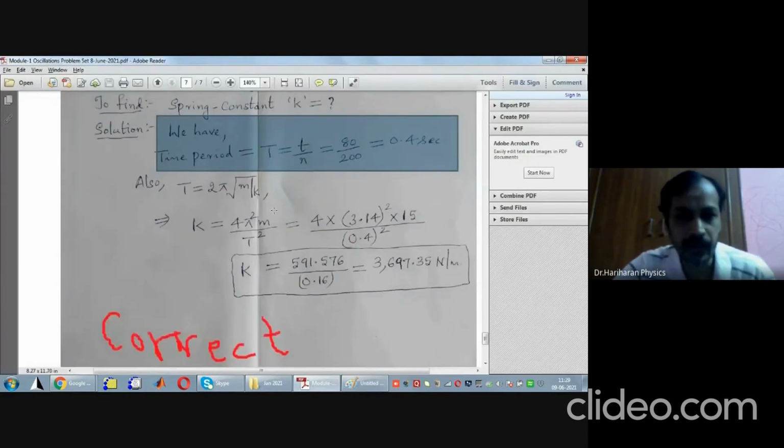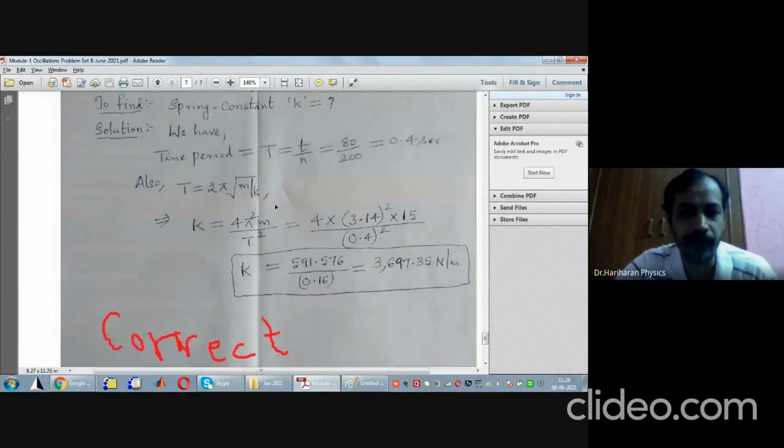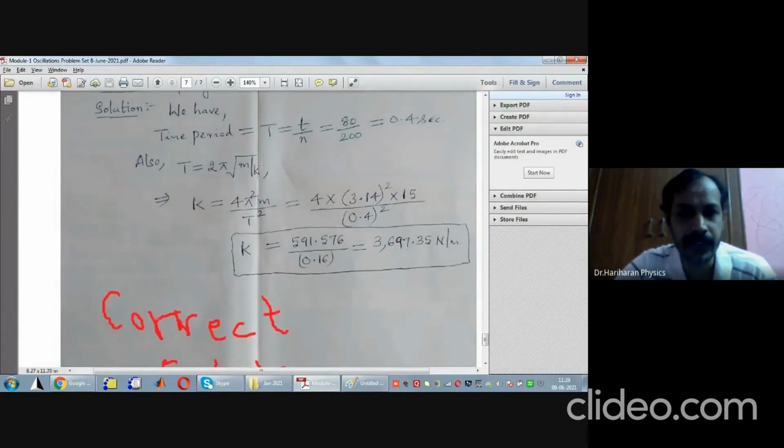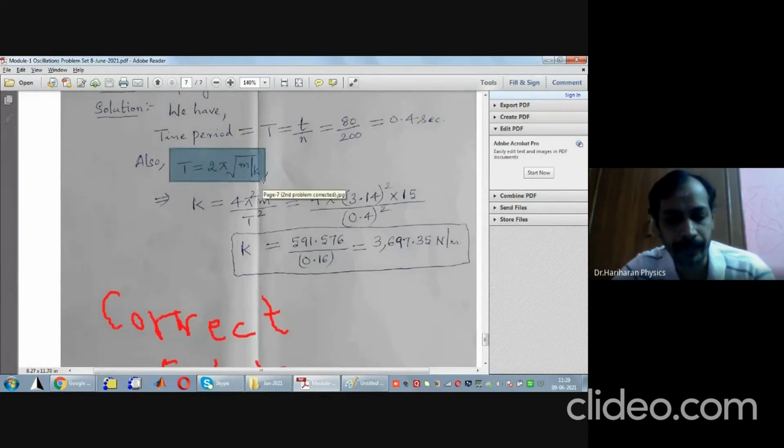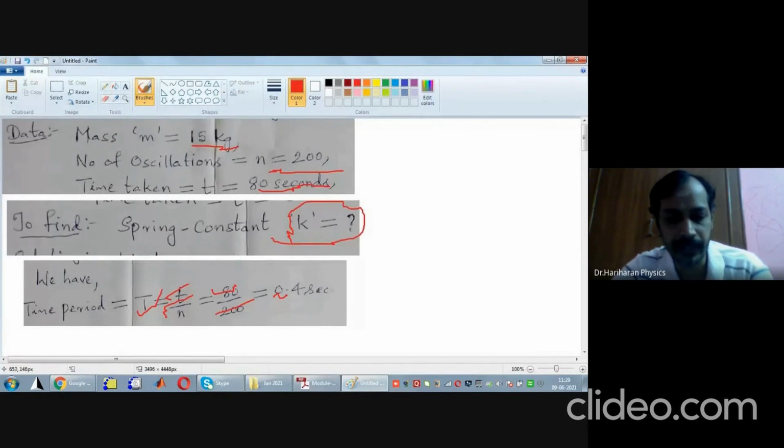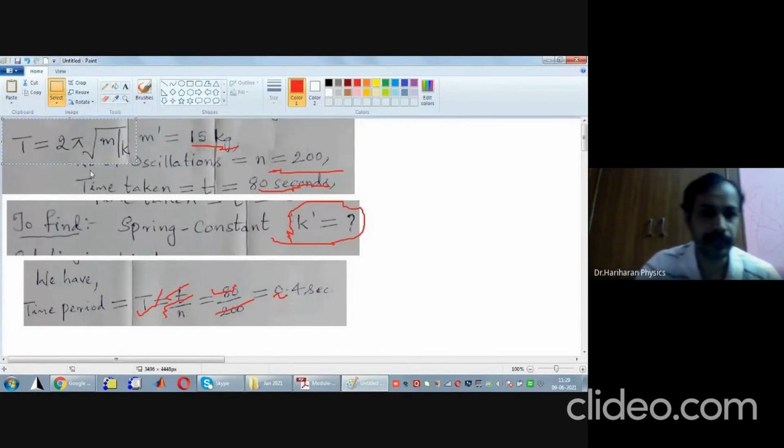Next, what is the formula that connects spring constant K and the time period T? It is this formula: time period T is equal to 2 pi times square root of m by k. That is the relationship that connects them.